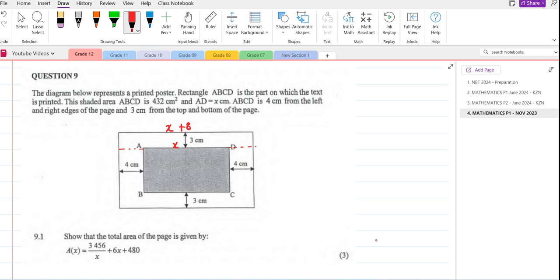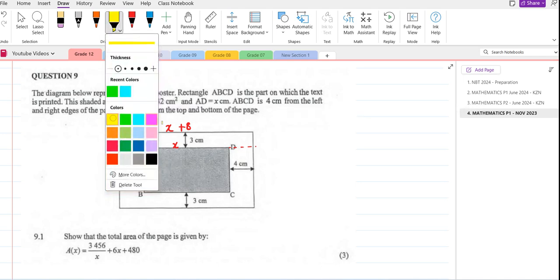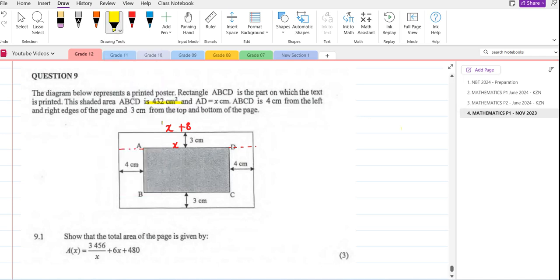The shaded area is 432 centimeters squared. So this is basically the given information. So we know the shaded area is 432, so that's like a constraint. We can say x times y, make this y. So if this is y, you've got coming down 3 and coming down 3, so this entire distance is y plus 6.